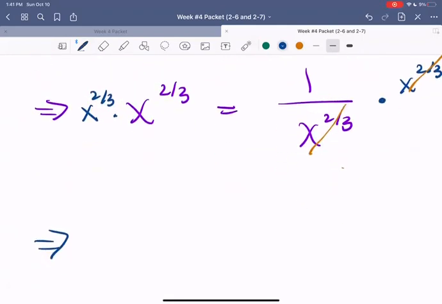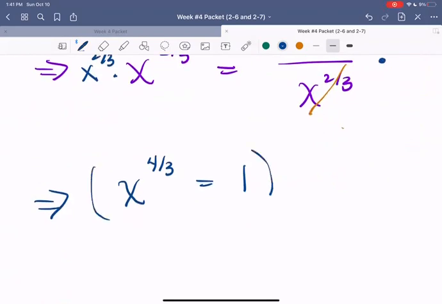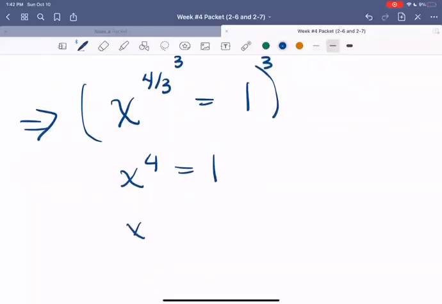So I have the same base, so I can just add exponents. So I get x to the 2/3 plus 2/3 is 4/3 equals 1. So now I can cube both sides. So now I just get x to the 4th equals 1. So this means x could be equal to +1 or -1. And notice I'm figuring that out by taking a 4th root of both sides.